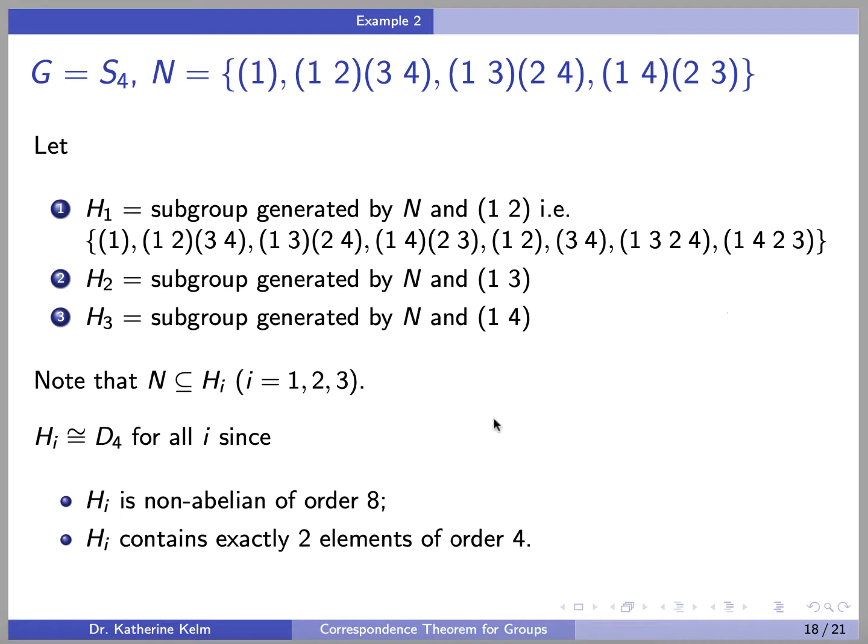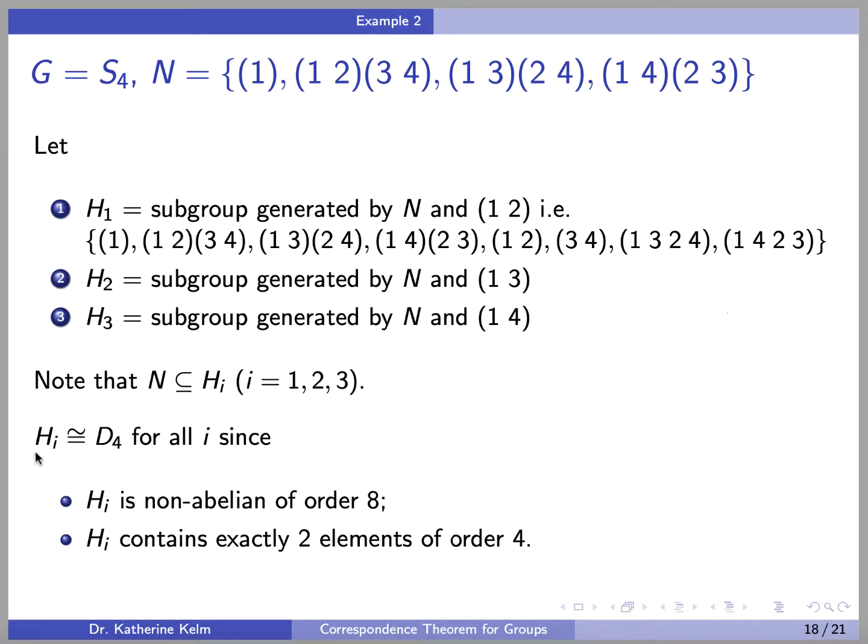Similarly, let H2 be the subgroup generated by N and (1 3). And let H3 be the subgroup generated by N and (1 4). And clearly, these all contain N. And they're all of order 8.